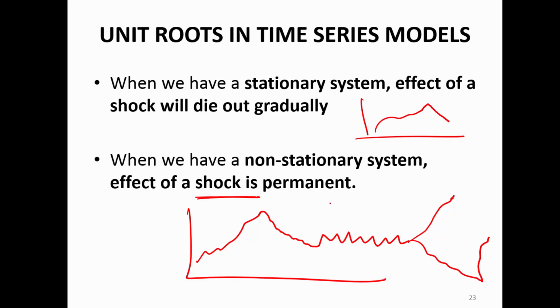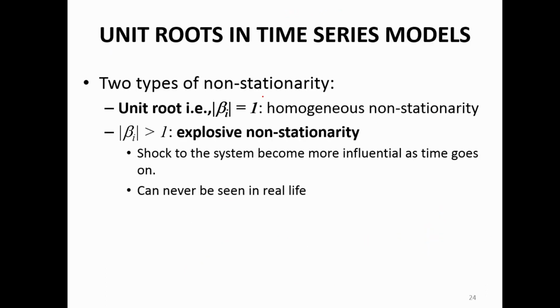So that's one aspect of a non-stationary series, and from there we can derive some sort of a clue as to how we can find out if there is presence of unit root, that means whether the phi is 1 or not. There are two types of non-stationary: one case where phi is just 1, and the other case where phi is greater than 1. Here we have taken beta, we just keep changing notations, but the second case we will ignore here.